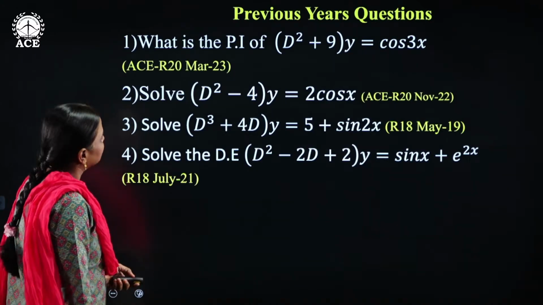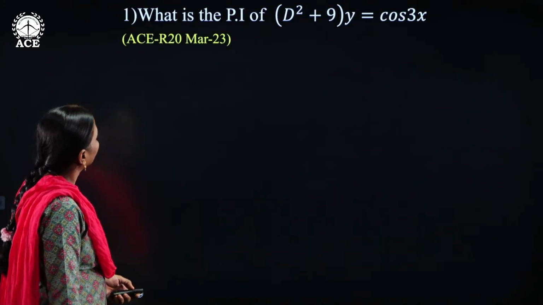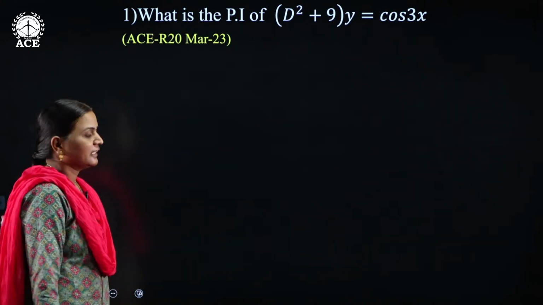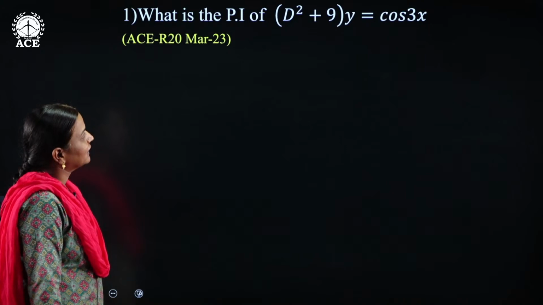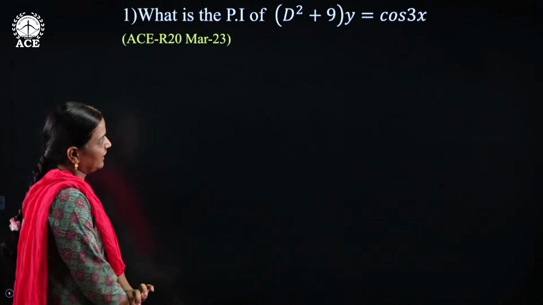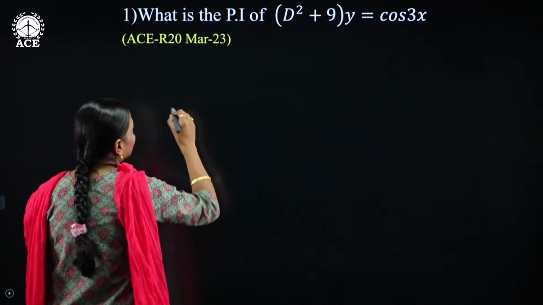Yes, so these are some questions. See here. What is the particular integral of d square plus 9 into y is equal to cos 3x? So it is a non-homogeneous equation.